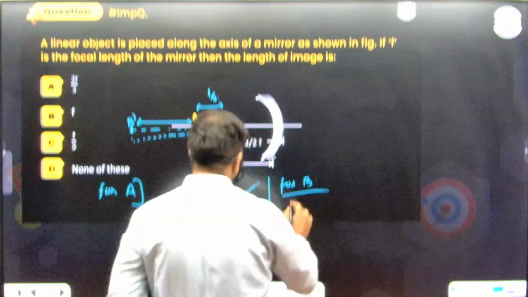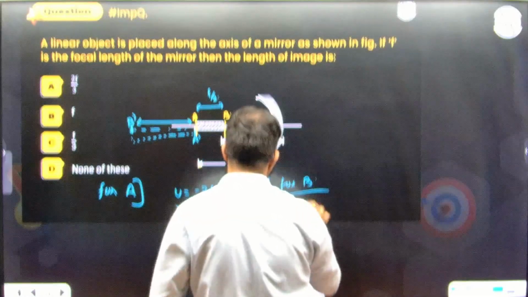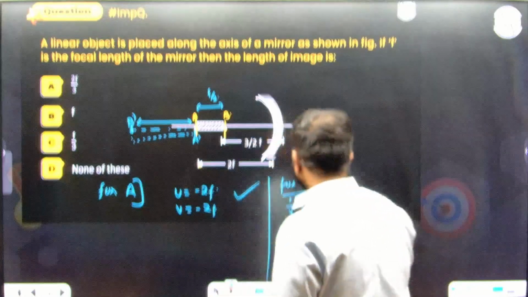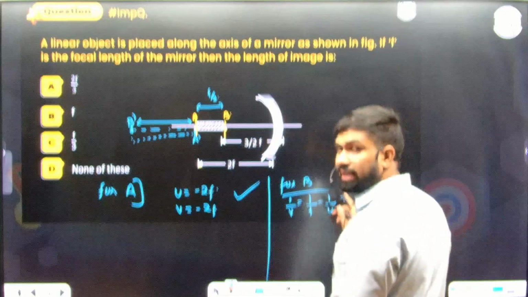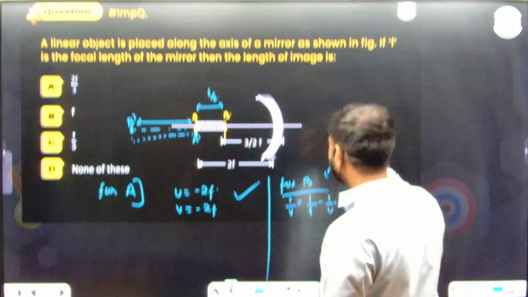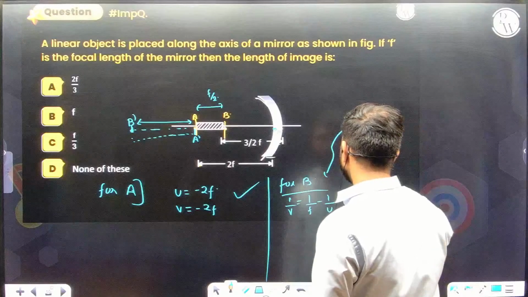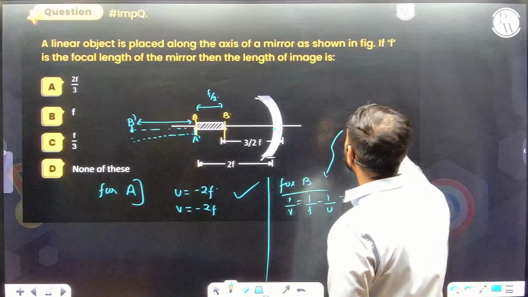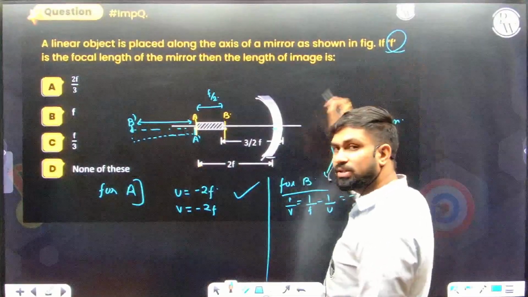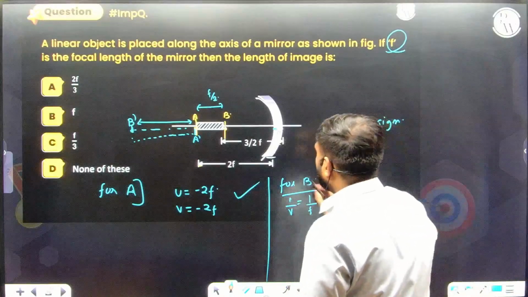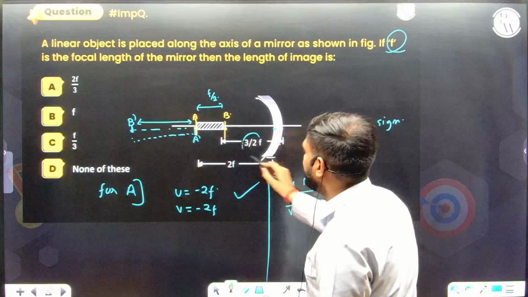So for point B, I'll write 1 by v is equal to 1 by f minus 1 by u. Focal length, remember that I have to keep here with sign. Everything has to be with sign when I use the mirror formula. So minus 1 by f, because f is the magnitude only. They did not say that it is with the sign, f is the magnitude. The distance was 3f by 2.